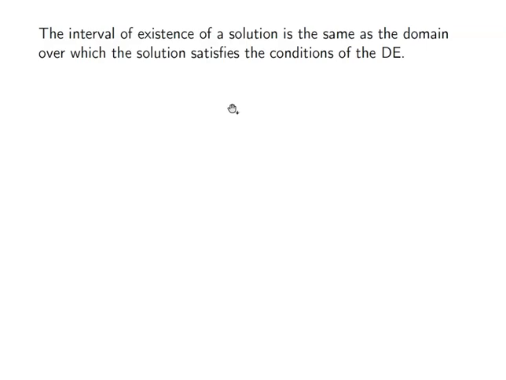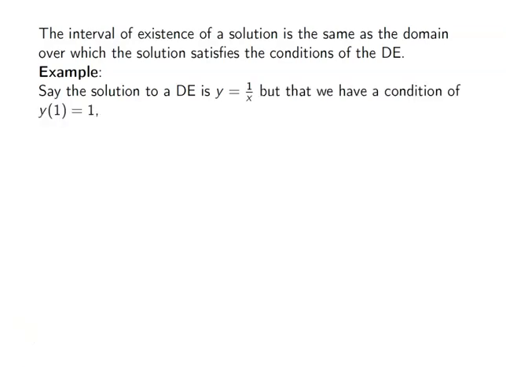You'll see this because we'll have actual graphs that make more sense, but we'll look at an example right now to help you clarify this. Let's say that we have some differential equation. It doesn't really matter what it is, but let's say that it has a solution of y equals 1 over x. If you look at the graph of it, it's discontinuous at x equals 0, which makes sense because you plug in 0 here and you're undefined.